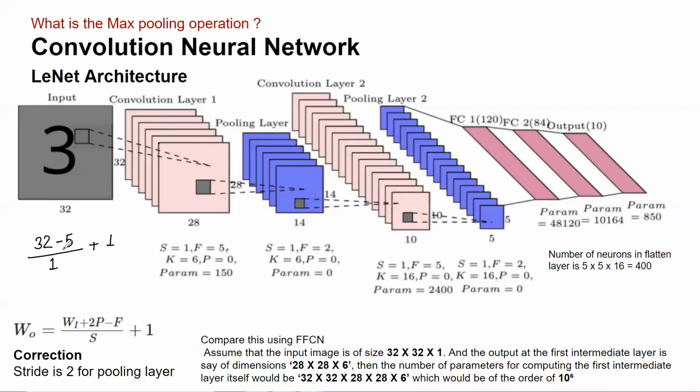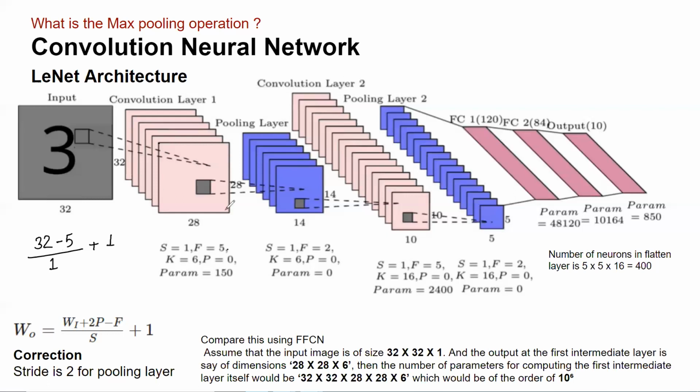One kernel may be learning edges, one kernel may be learning some other feature. So likewise, I'm using a total of 6 different kernels. So you'll have a total of 6 such 2D matrices.